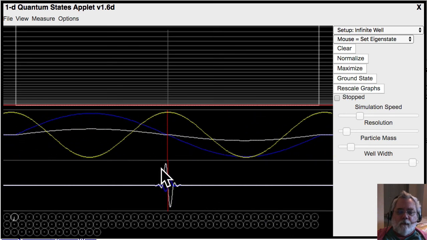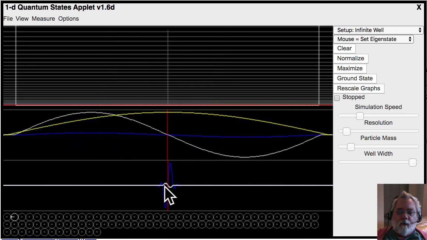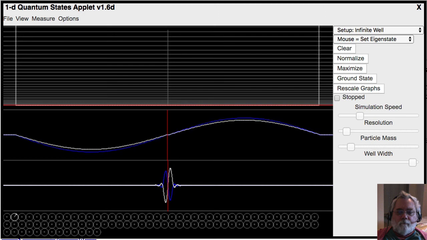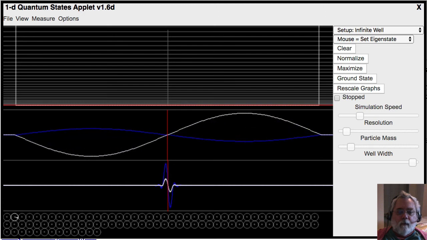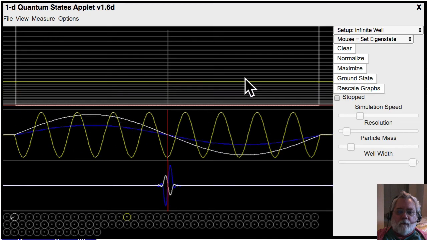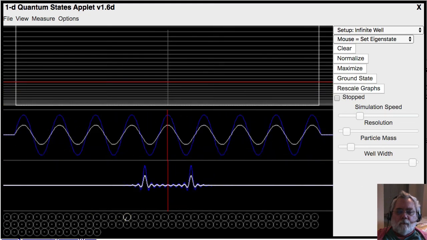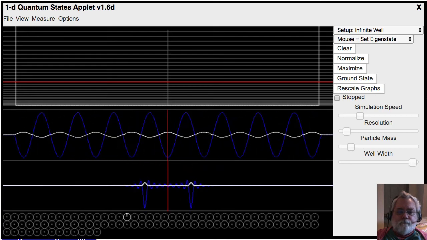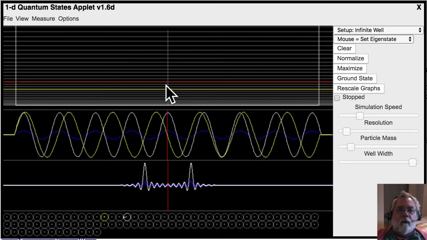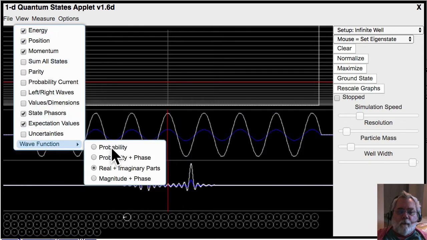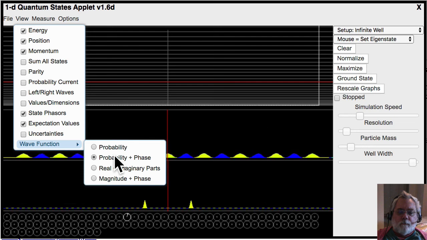We're seeing the real and imaginary parts of the momentum here. We could look at higher energy eigenstates. I'm going to change the view so that we look at probability plus phase.